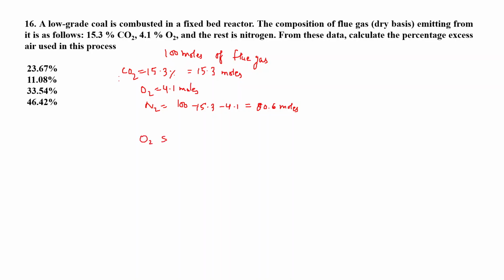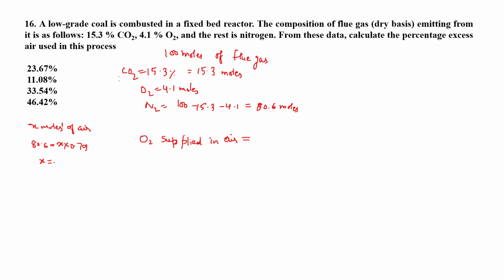So oxygen supplied in air. Let us assume X moles of air. So nitrogen is X into 0.79.